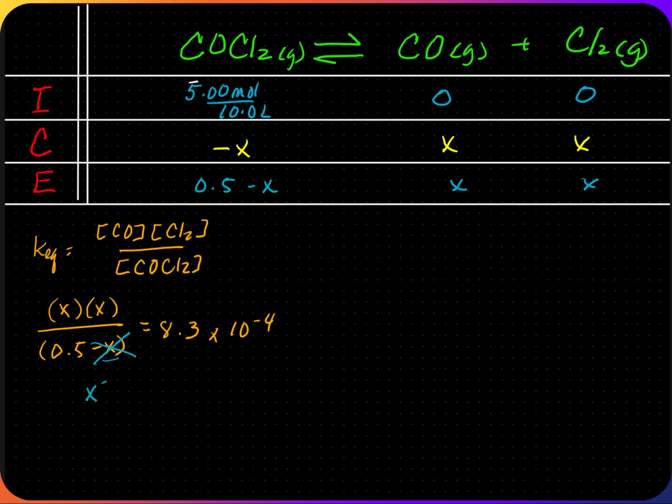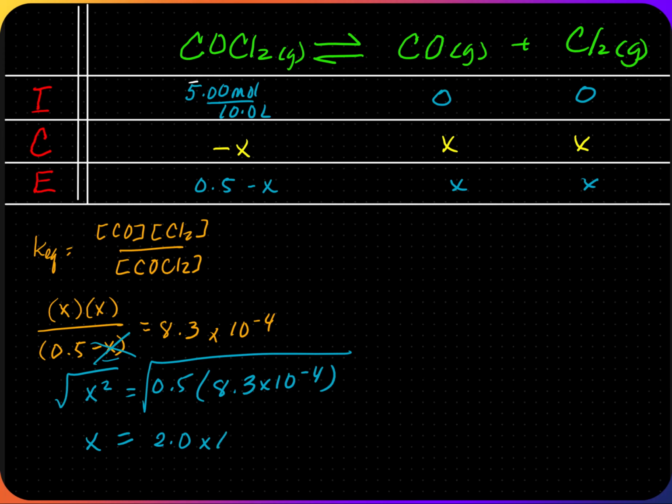So if I simplify, this is x squared. I'm going to move the 0.5 to the opposite side. So this is 8.3 times 10 to the negative fourth, and then I need to take the square root after I multiply. So x equals 2.0 times 10 to the negative 2. So now I'm going to check to see if this value is valid using the 5% rule.